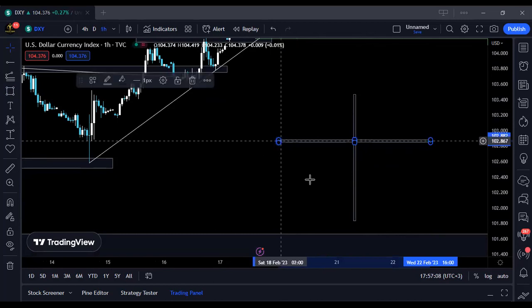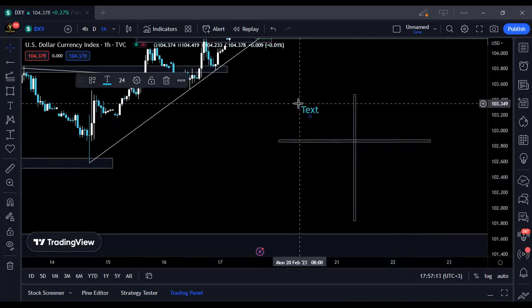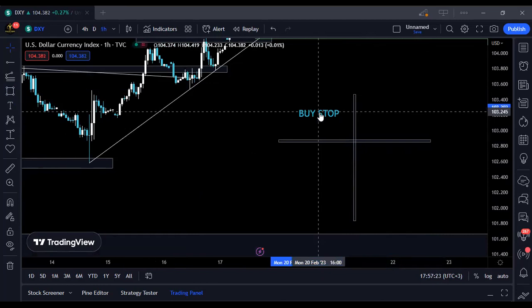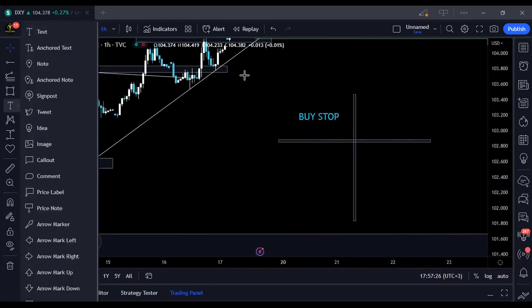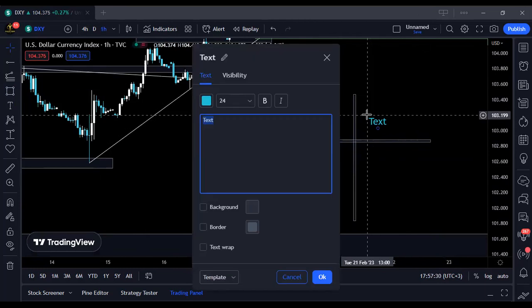So the first one that we have is a buy stop. We have a second one, a sell stop.